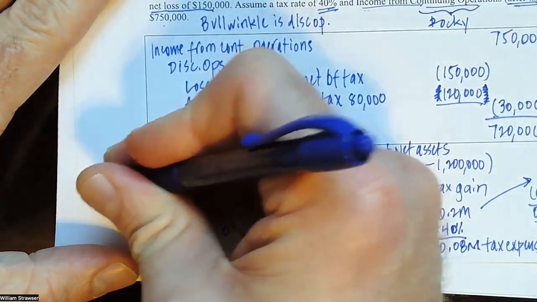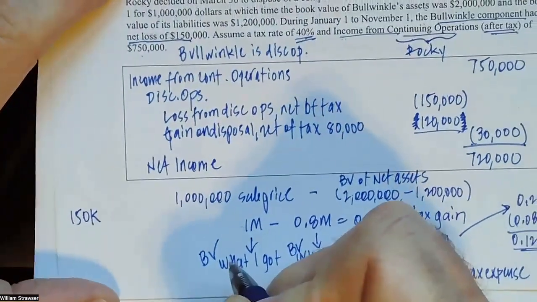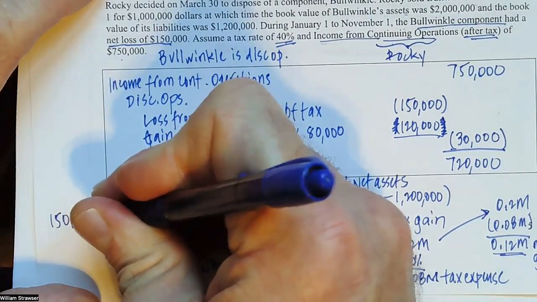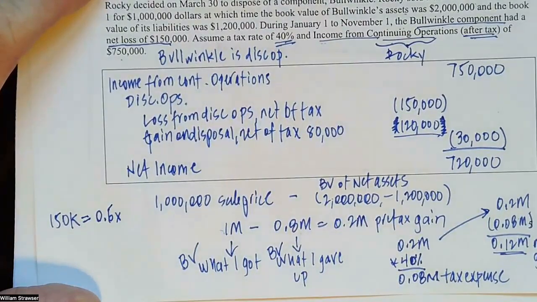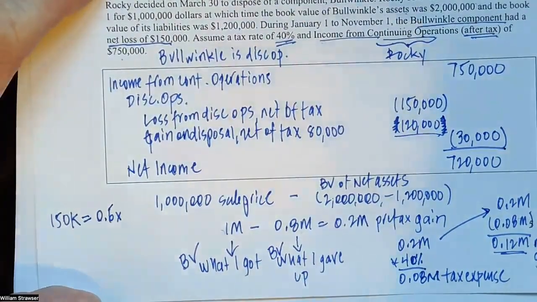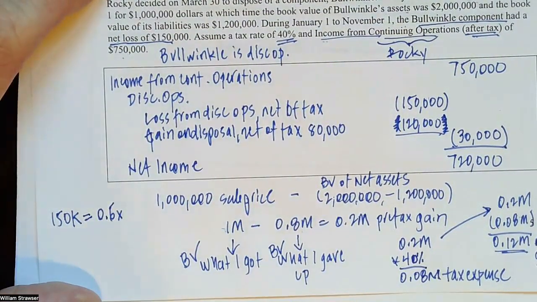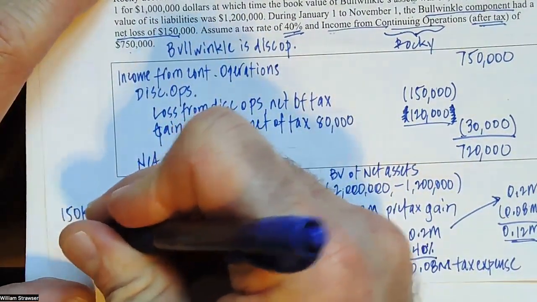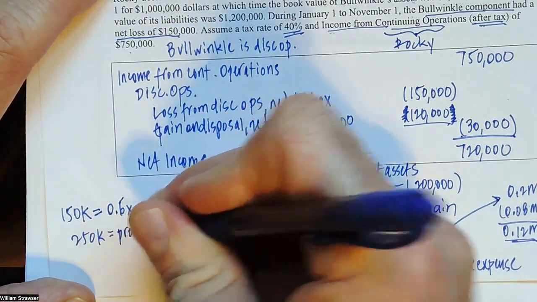If 150,000 is what's left after multiplying something by 60%, then we can figure out what the full amount was. In order to find that, we divide 150 by 0.6. That means 250,000 was the pre-tax amount.